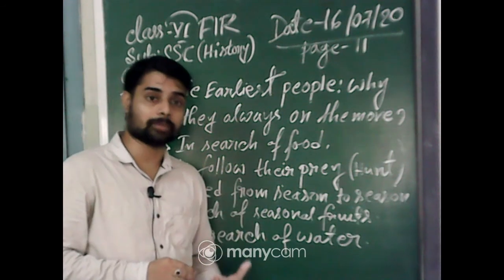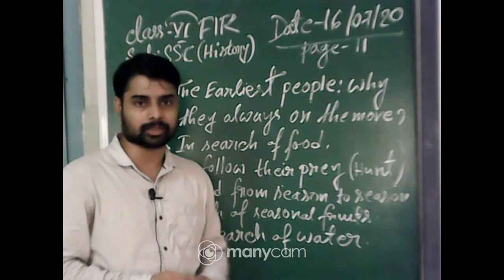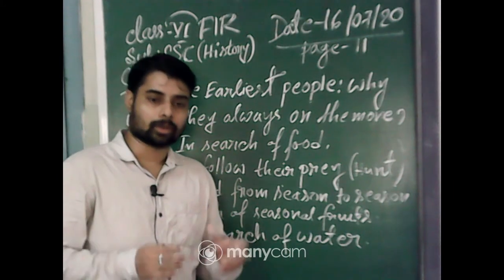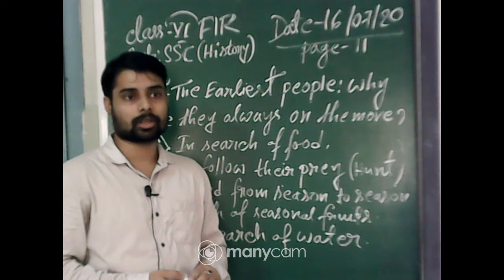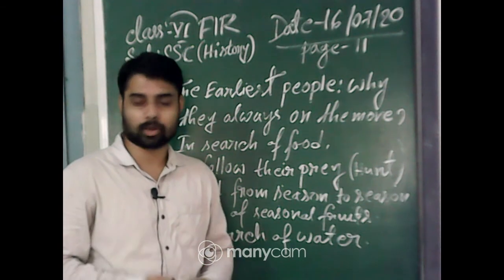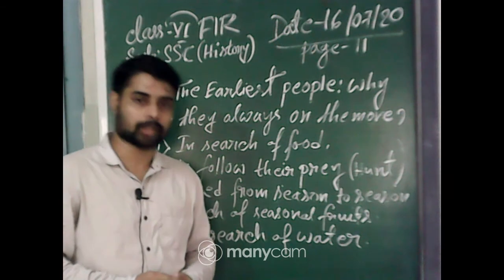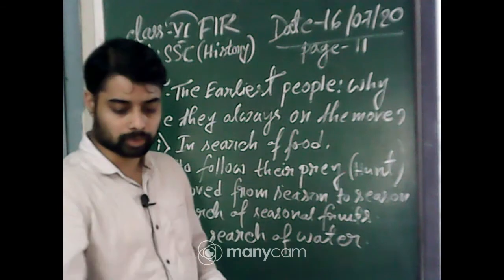We describe them as hunter gatherers because the earliest people in the Indian subcontinent collected fruits, roots and grains from the forest, and they also hunted animals for their meat and food.